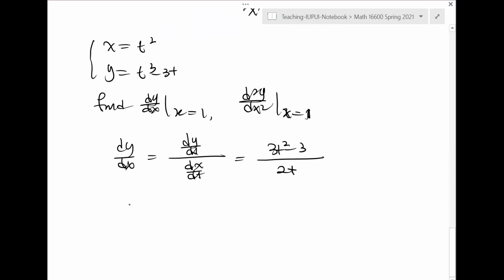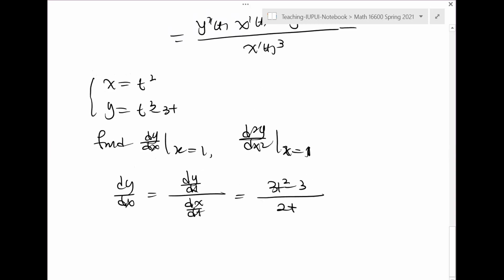Let's take a look. When x equals 1, this implies t squared equals 1, so t equals plus or minus 1.